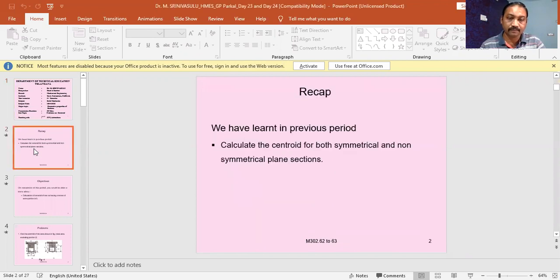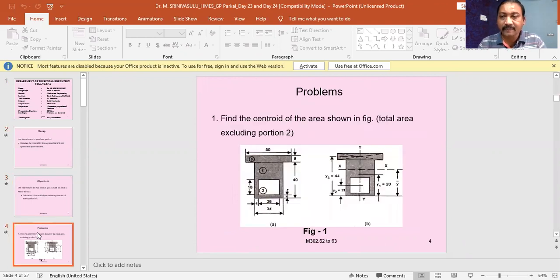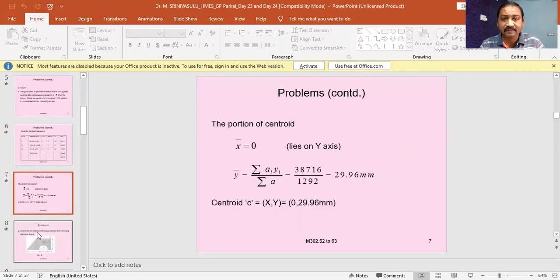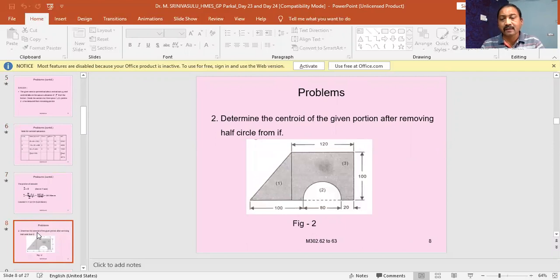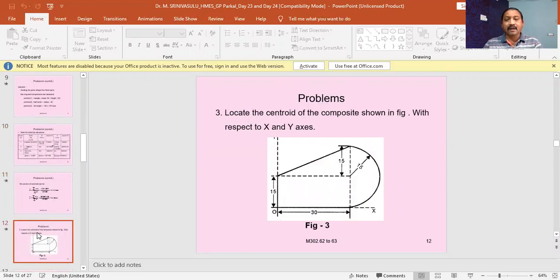In the last class, we discussed some composite areas like this, and this problem also we studied in the last class. Now we'll go to the next problem. So take down this problem.